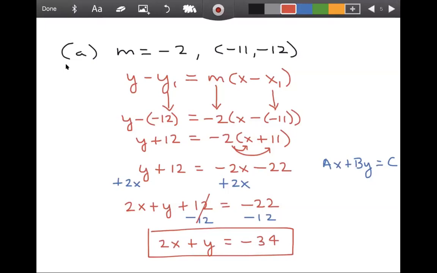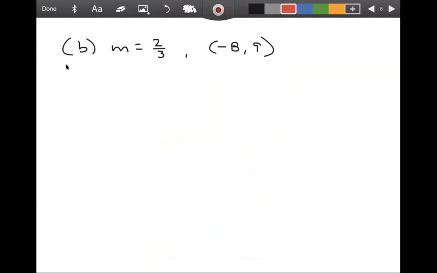All right. So I'm going to have you try the next one. You know the drill. Pause the video, do the problem, come back, compare notes. In this problem, m is 2/3, and we're passing through the point -8, 9. So please pause the video and try that one, and then we'll go over it.